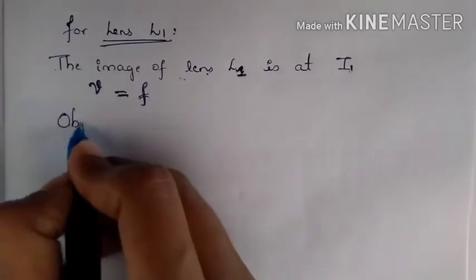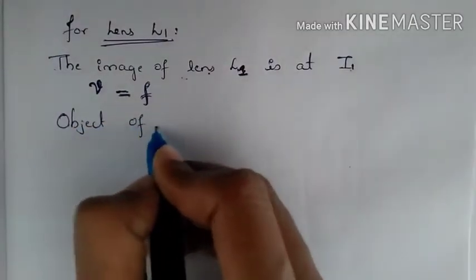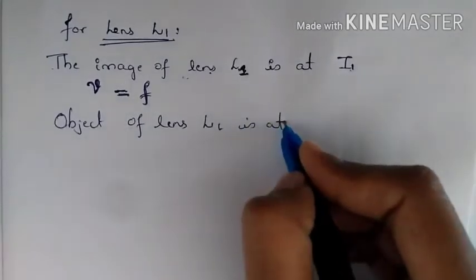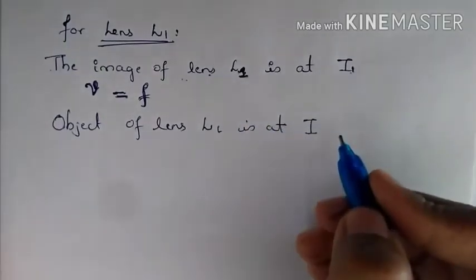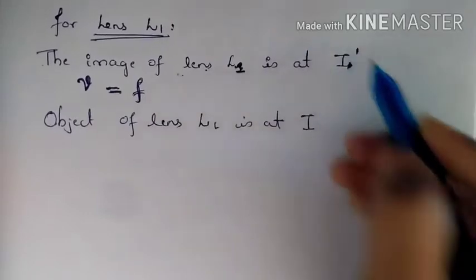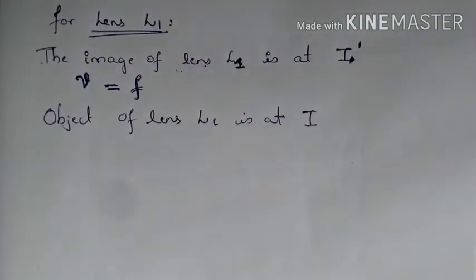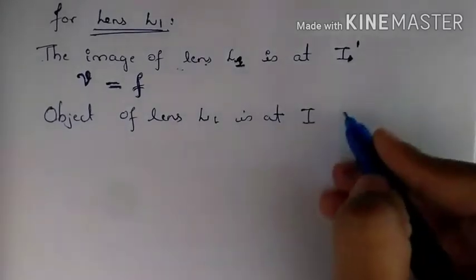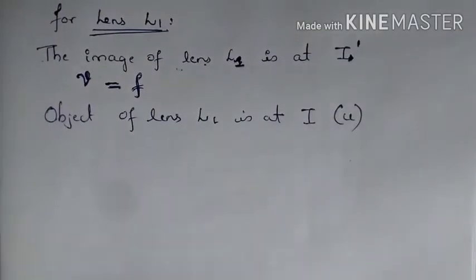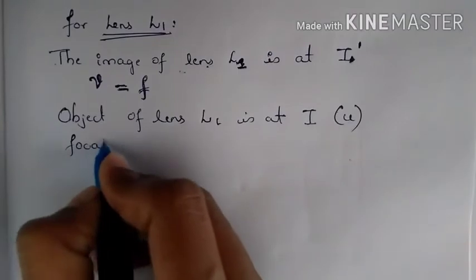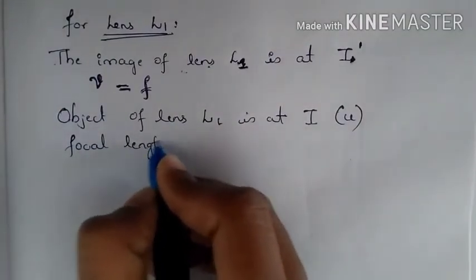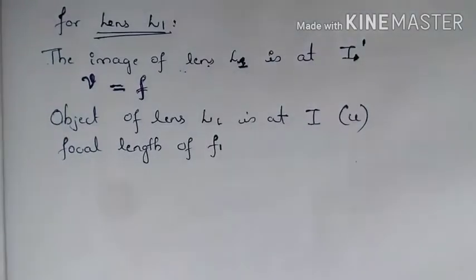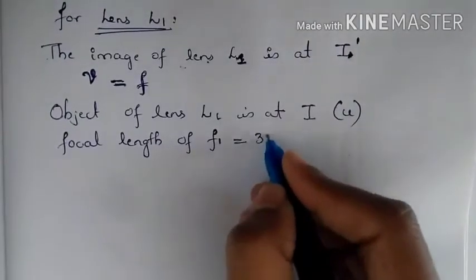So the object of lens L1 is at I. So this is I prime, not I1. So the object of lens L1 is at I prime. So this object distance is denoted by U. So the focal length for the field lens is 3f.